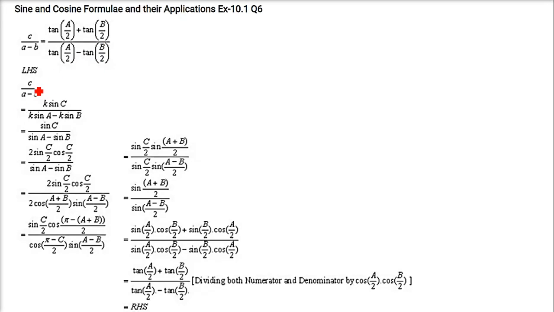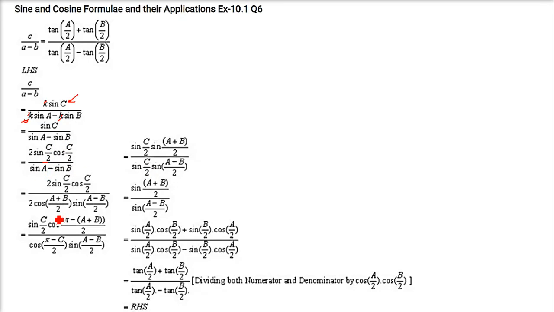So just put c as k sin C, a as k sin A, and b as k sin B. Here k you can take common, so it gets cancelled. Sin C by sin A − sin B. So sin C can be written as 2 sin C/2 cos C/2, and sin A − sin B is 2 cos((A + B)/2) sin((A − B)/2), the formula you have to use.